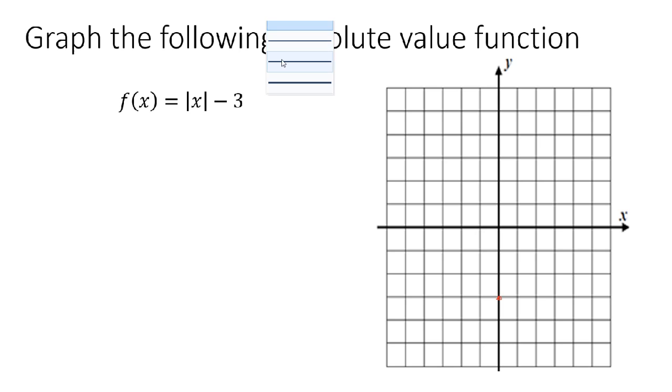And then I'm going to graph the second point, 1, -2, 2, -1, 3, 0, 4, 1, 5, 2, and 6, 3. And I am going to make a line between these points.